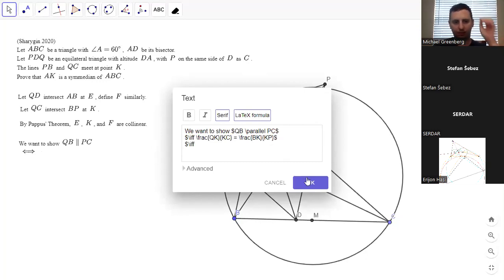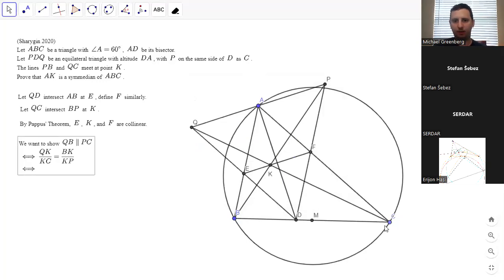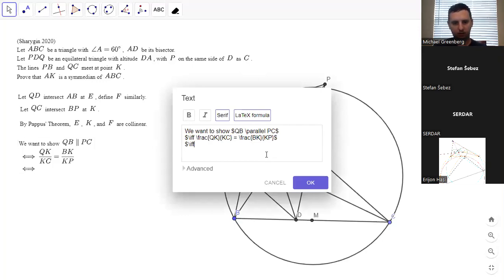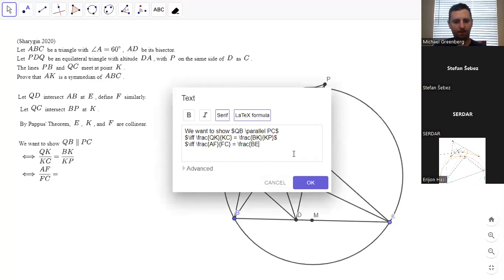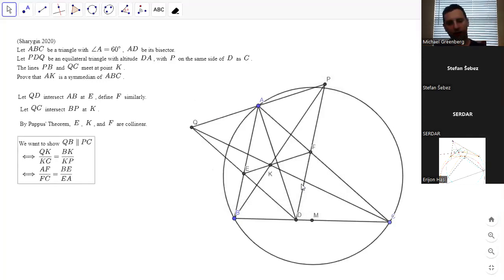That's the same as saying that AF over FC is equal to BE over EA. And then we do the calculation that you put earlier on Discord.